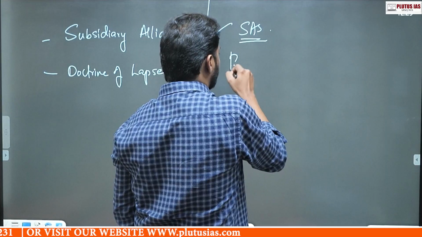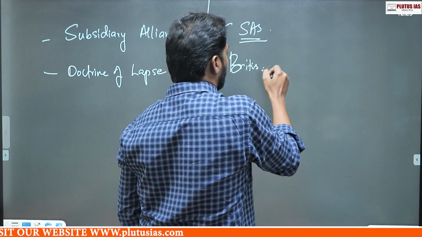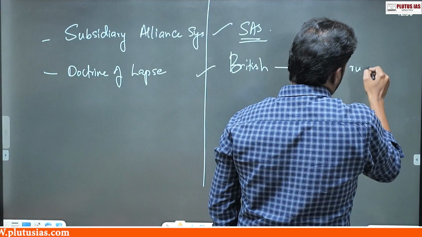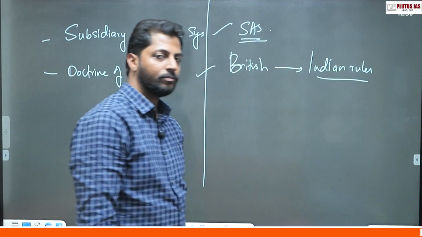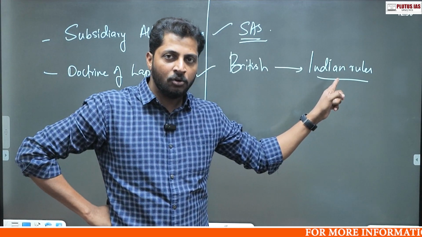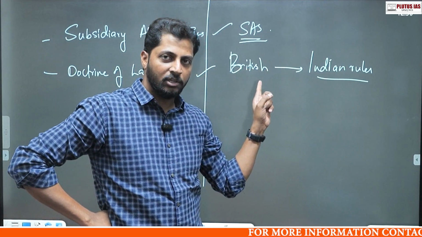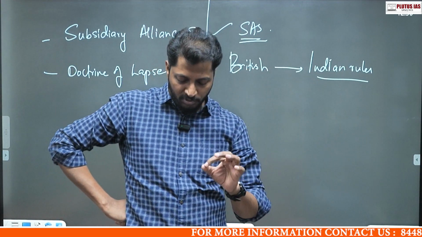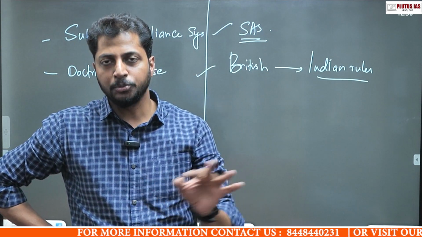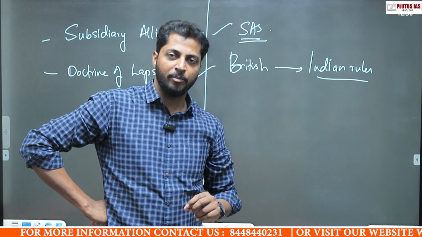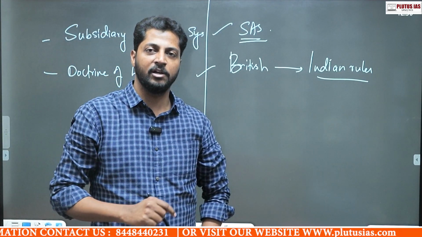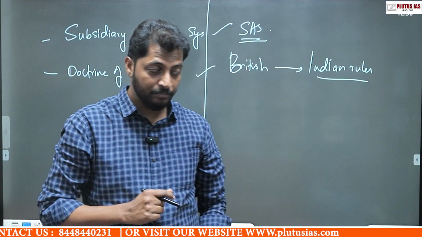Suppose it was, let us say, an agreement between the British and an Indian ruler. Under the subsidiary alliance system, any Indian ruler who signs this agreement with the British, first of all, has to give up their own troops, that is, their own army, and should accept stationing of the British army in their territory, right? So that is one condition.